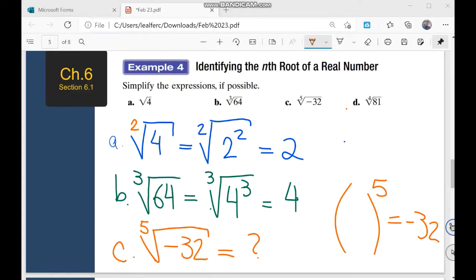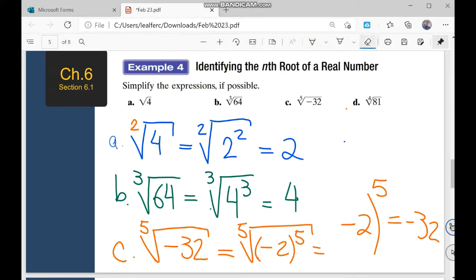Yes, negative 2 to the exponent 5 equals negative 32. That means we can have the fifth root of a negative number, and here the fifth root of negative 2 to the exponent 5 is equal to negative 2.